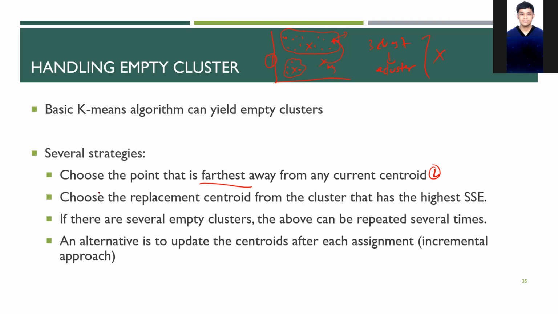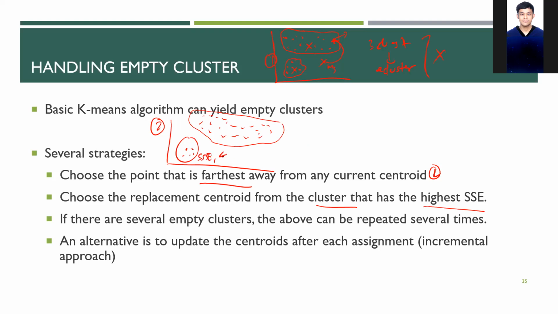And then the second strategy: we can also divide a cluster which has the highest SSE. So for example, solution number 2, this is the first cluster, and this is the second cluster. Of course, SSE1 is less than SSE2, because cluster 2 is very big, and a big cluster will have a relatively higher SSE.